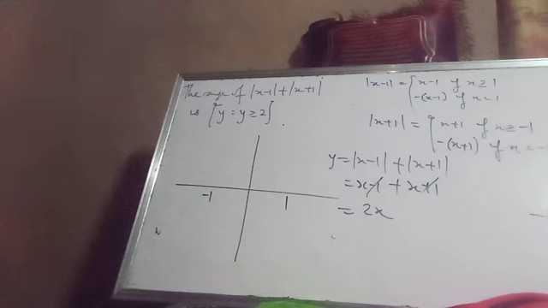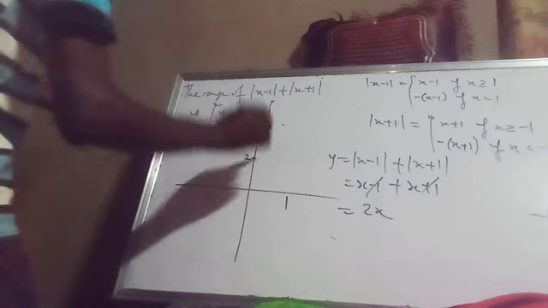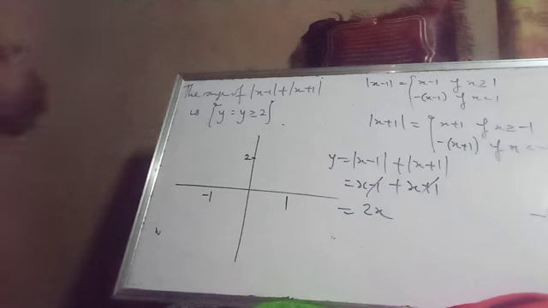Again, the value of our y: if you go back to the previous ones, y was 2. Y was 2 for the second critical value where we have minus 1 less than or equal to x less than 1. So you indicate, let's say this is 2. Y was 2 there. I hope you are getting that.